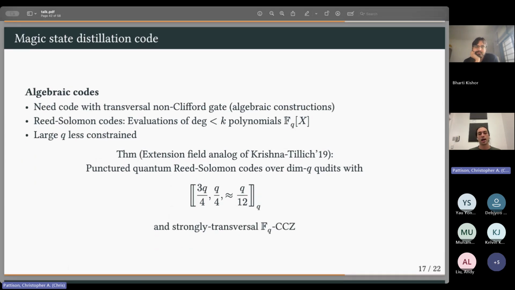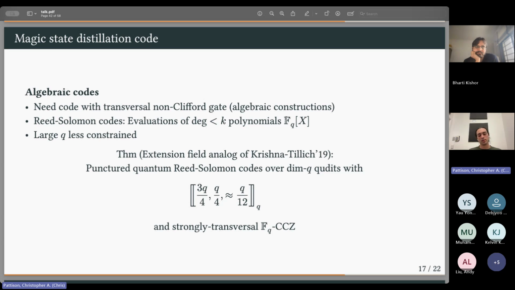And what we showed is that for larger and larger extension fields of F2, there exist punctured quantum Reed-Solomon codes with essentially constant rate and linear distance and a strongly transversal CCZ with the multiplication in this extension field.